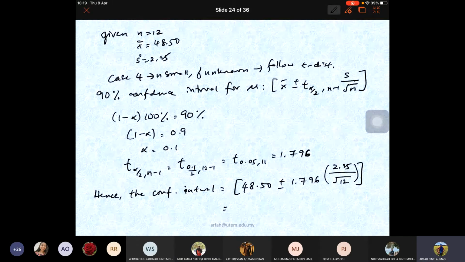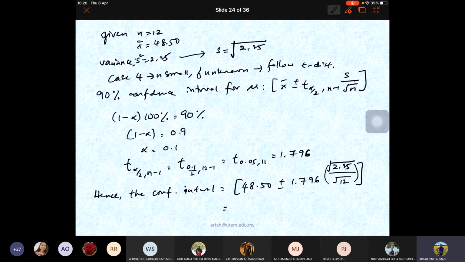Ni s kuasa 2. Okay. s kuasa 2 sama dengan 2.25. So awak akan dapat s sama dengan sqrt 2.25, sebab dia given variance. So ambil sqrt 2.25 bahagikan dengan sqrt 12. So baru dapat jawapan sama dengan dalam slide.